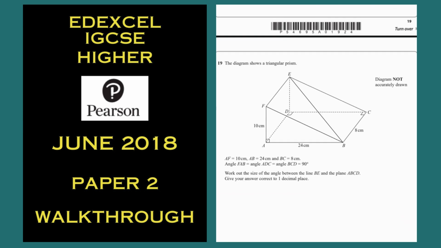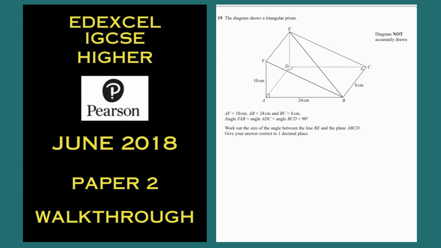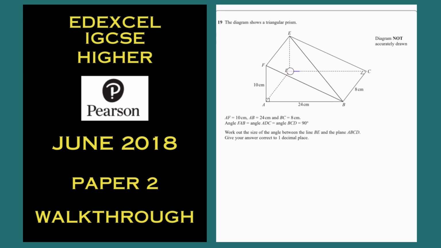Next. So question 19, I'm just going to add a little line in here from D to B, for a simple reason. Work out the size of the angle between BE, that's this line there, and the plane.